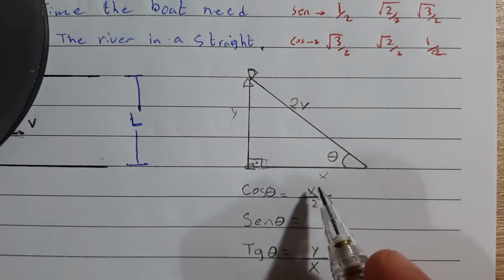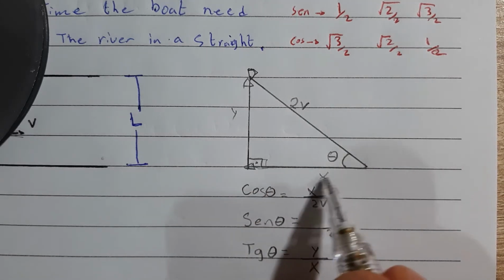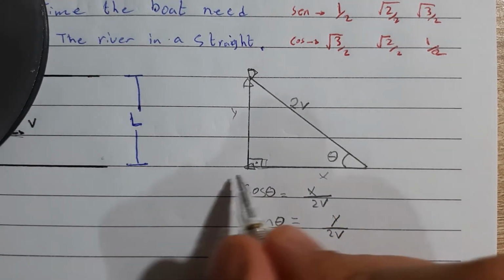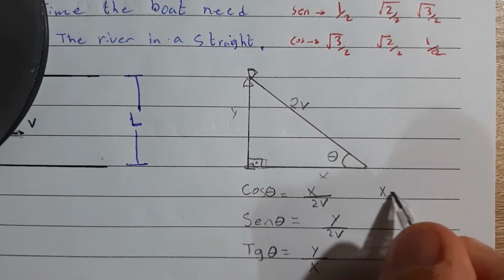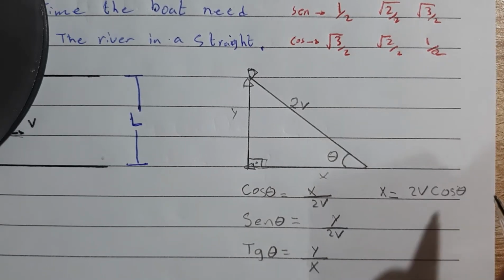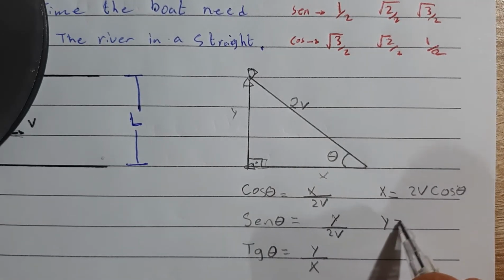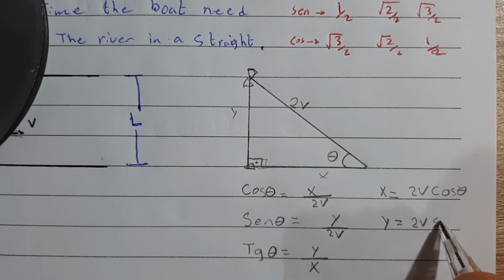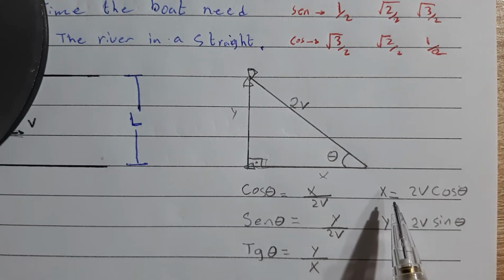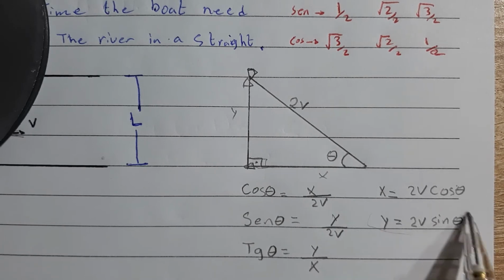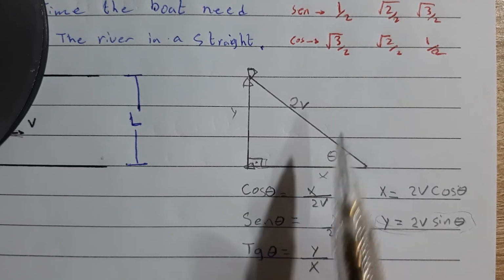So x represents the velocity in this direction, right? So x is equal to 2v cosine of theta, and epsilon is equal to 2v sine of theta, okay? So this x will need to cancel the velocity of the river, and this one will make him cross the river, okay?